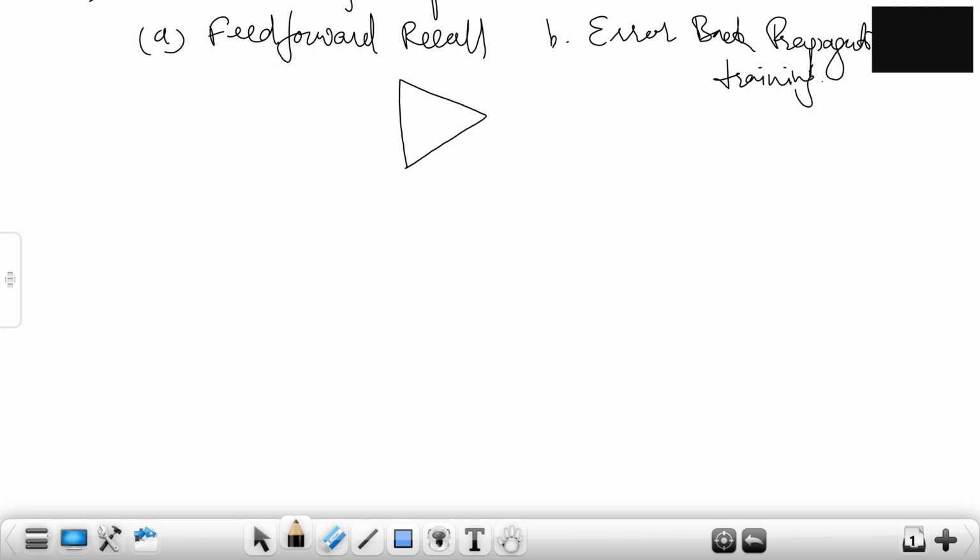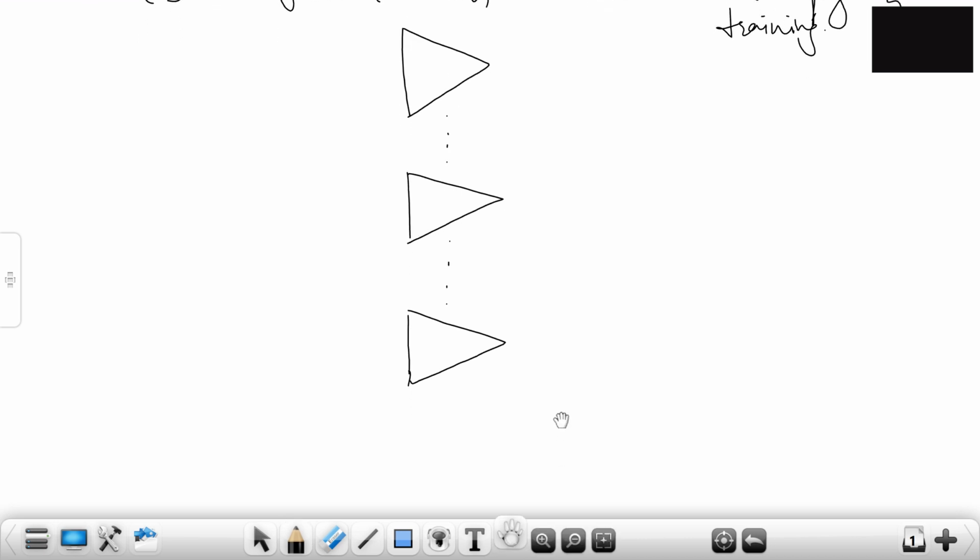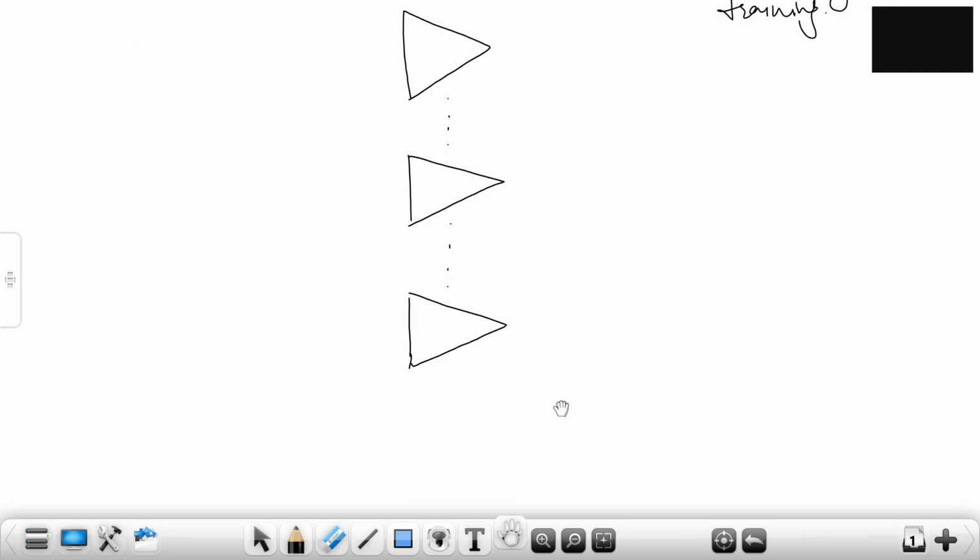Because of the delta rule, it's going to be a continuous perceptron, so that's why those triangles. I'm just going to push it on top a little bit more to fit the whole network over here.